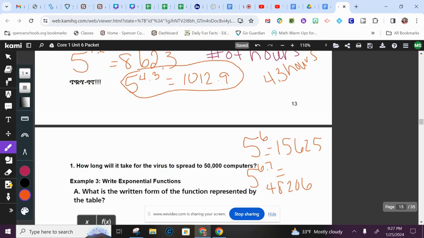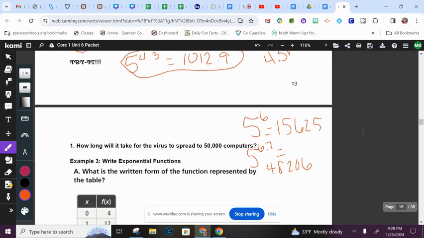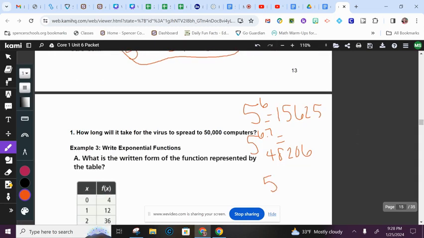So if I go one more, we're just going to go by tenths. I know I can get really detailed and go by hundredths and thousandths, but we're just going to use an estimate idea. So if I go to the 6.8, now I'm over. So if you're just going to the tenth, about 6.8 hours, and that would be 56,623 computers.